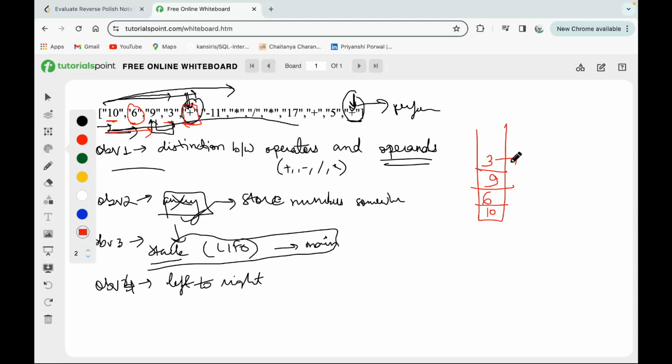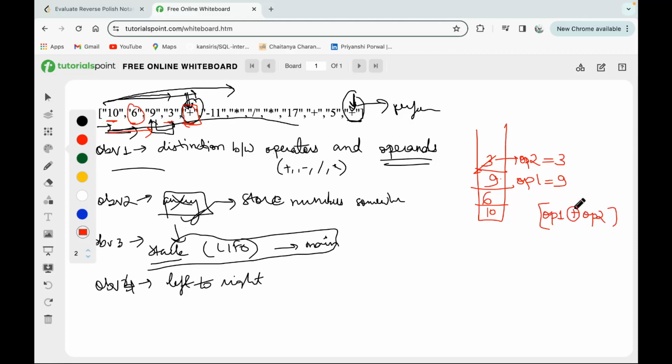So I have to take the top element and I will say that this is operand 2, okay? And then it will be outside of the stack and operand 2 will become 3, and then we will take the next top element, now what is the top element of the stack, which is 9, and it will become operand 1. So whatever operation I perform, I will do operand 1, and here the operation is plus, so I can simply write like this.